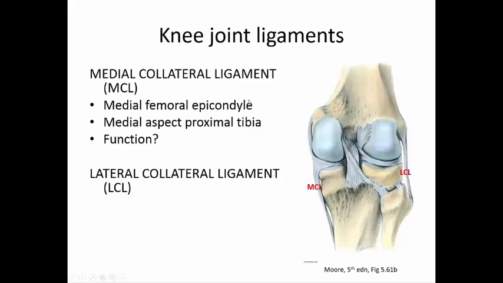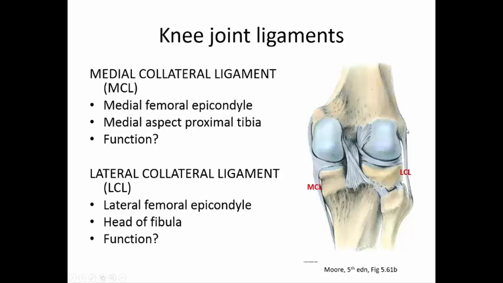So the medial collateral ligament begins on the medial epicondyle, and it attaches to the medial aspect of the proximal tibia. We can see that it actually blends in or becomes one with that medial meniscus. A lateral collateral ligament begins on the lateral epicondyle, and attaches to the head of the fibula.